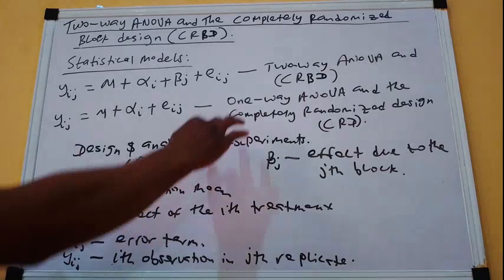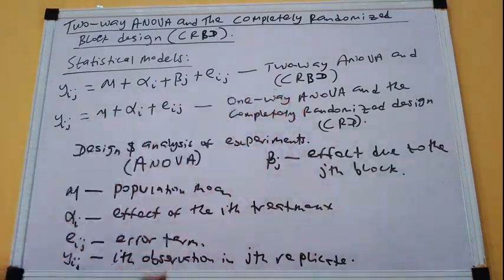That is, the one-way Anova has more degrees of freedom for error. But when the blocks are introduced, the degrees of freedom for error for the completely randomized design, which is the one-way Anova, will now be reduced.